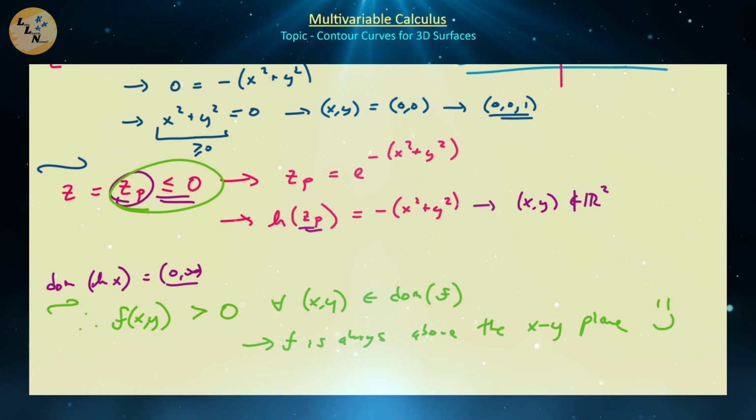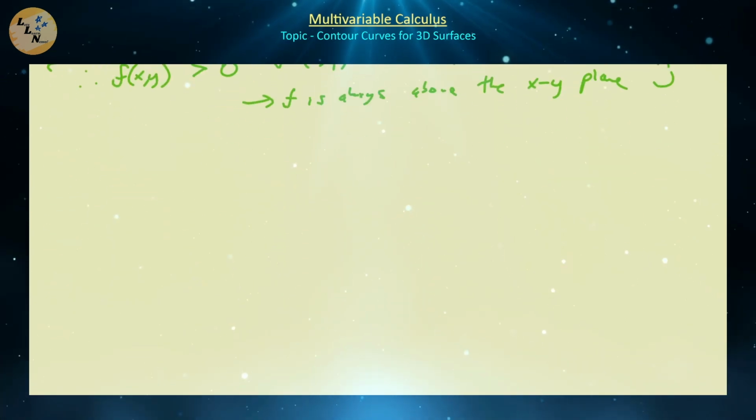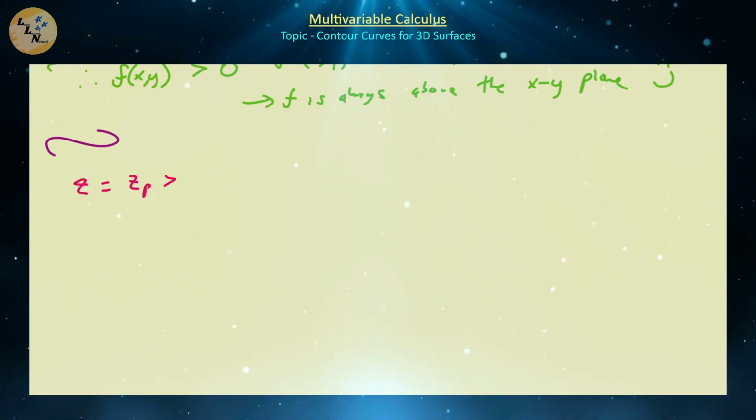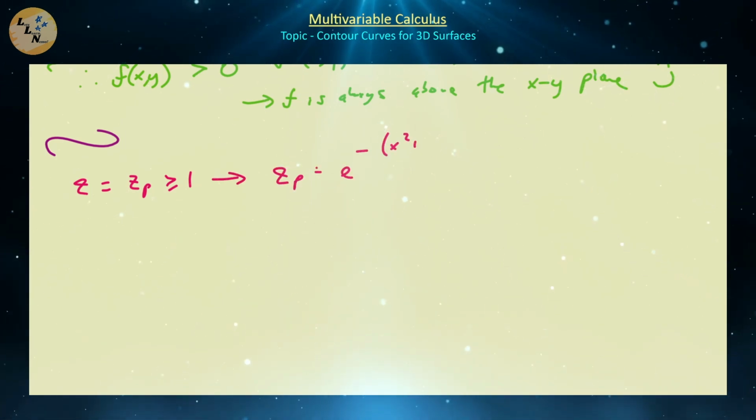Okay, so we've looked at, for example, z_p equal to 1. We've looked at z_p less than or equal to 0. One can also look at, for example, between 0 and 1. We can also look at z_p greater than or equal to 1. So let's start with the greater than or equal to 1 scenario. If z is a particular value greater than or equal to 1, then we have, again, z_p is equal to e to the minus x squared plus y squared. Actually, we don't need to consider equal to 1, we already considered that.